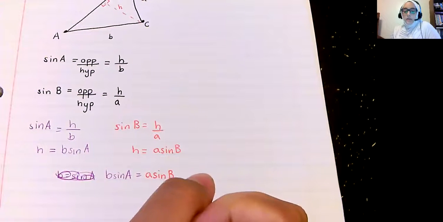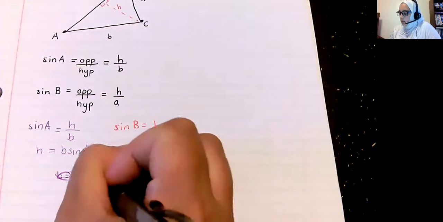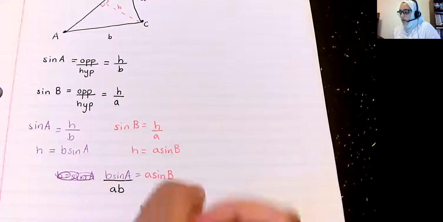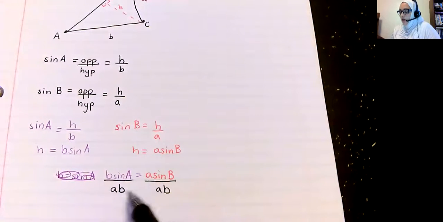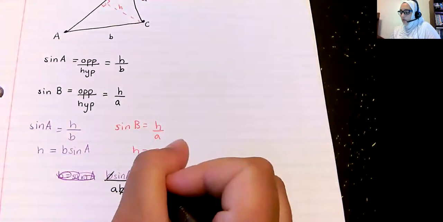Since we want to divide by the same thing on both sides, we're going to divide by both A and B, right? Because that's going to take care of it over here, and that's going to take care of it over here. But you'll see we already have this on top, so it cancels.